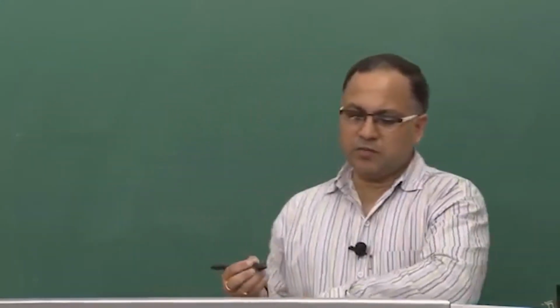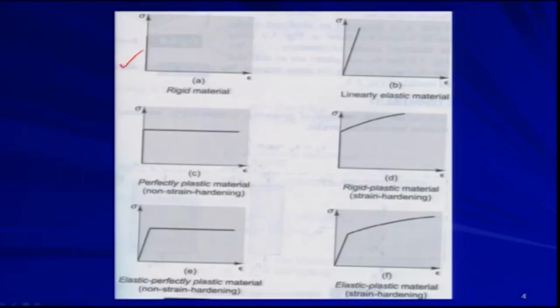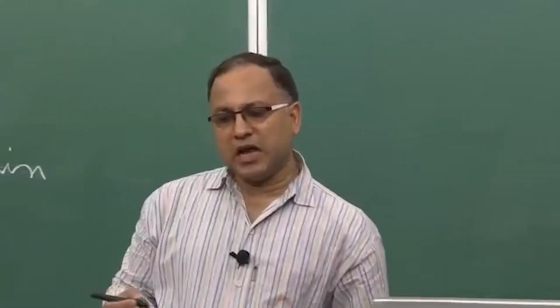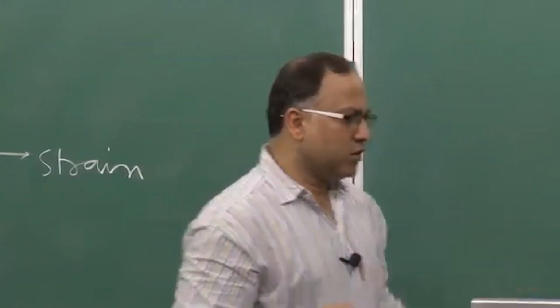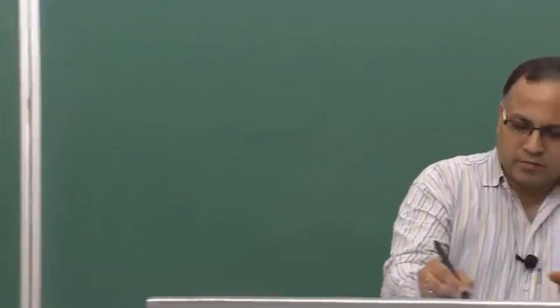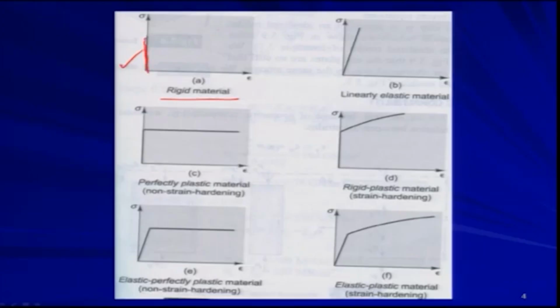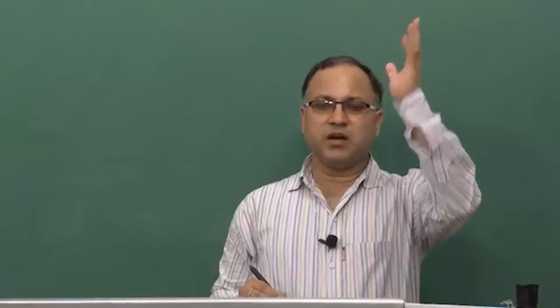So, these are the idealized stress strain curves. This stress strain curve is for rigid material. If I say rigid material, you will not be observing any deformation; as you go on increasing the stress, there will be no deformation. So, you are just following this line. You are increasing the stress, sigma is increasing, but without increase in epsilon.